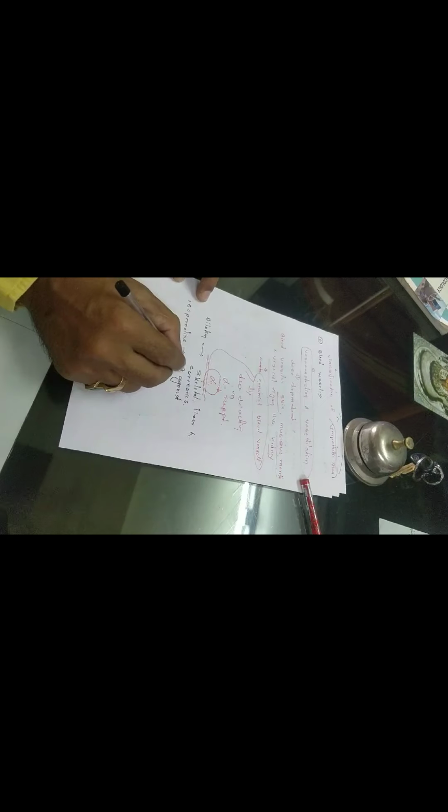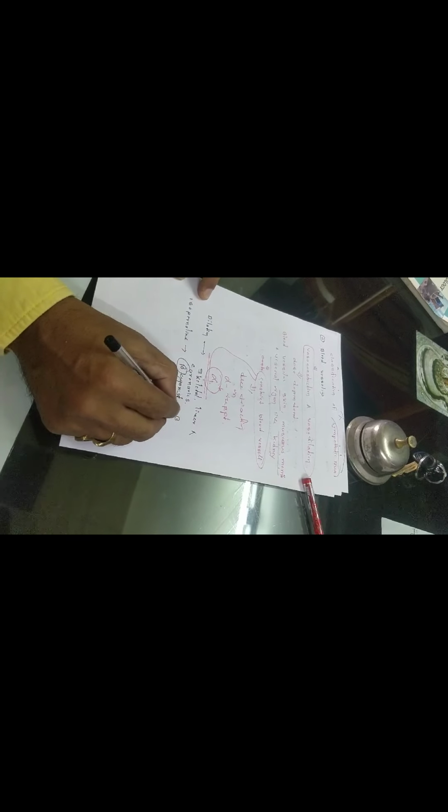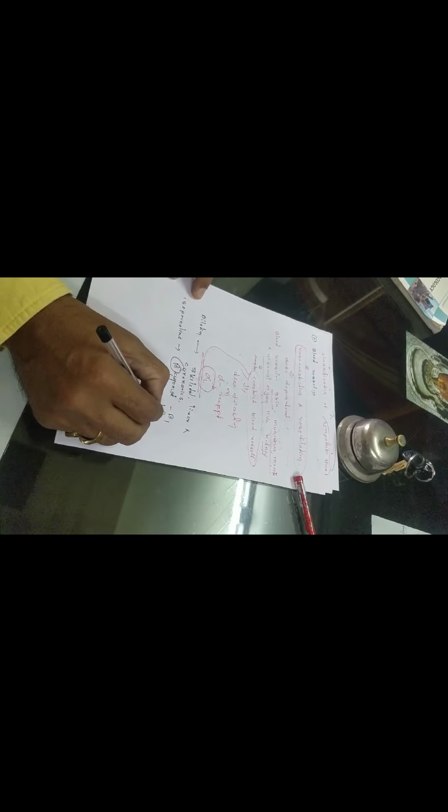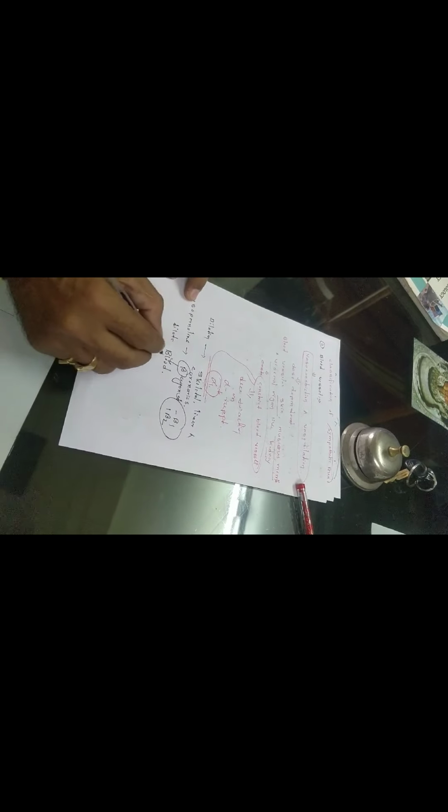It has affinity only for beta receptors, meaning beta 1 and beta 2, and directly dilates the blood vessels.